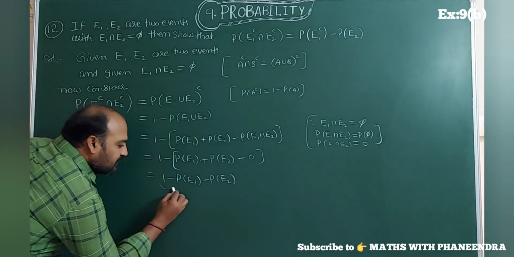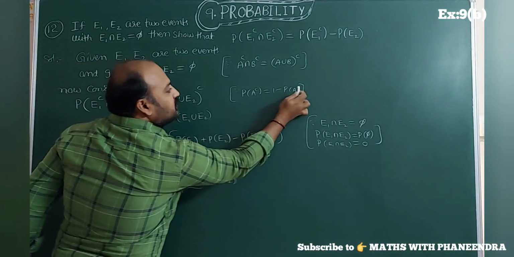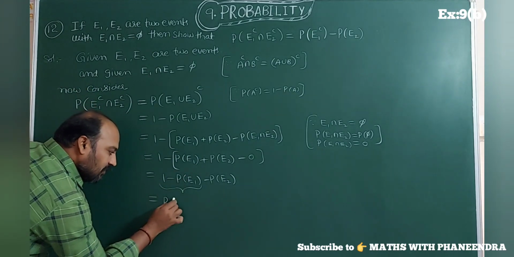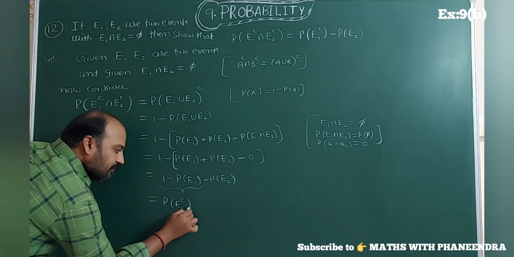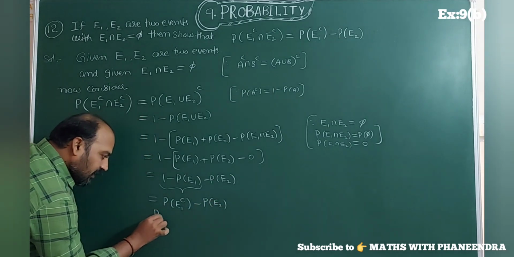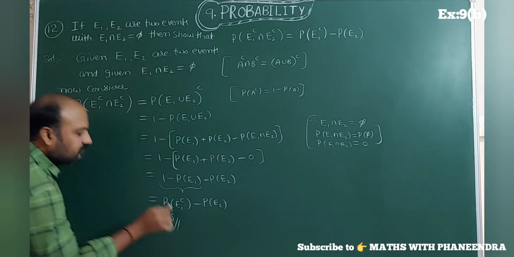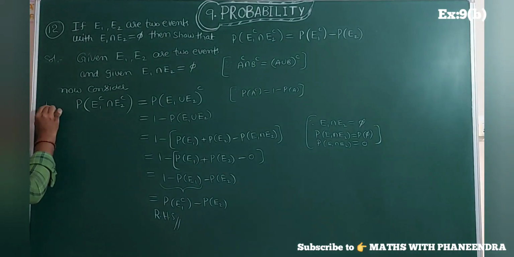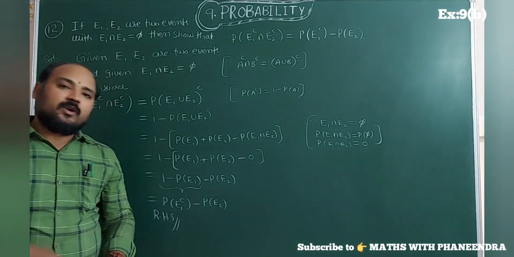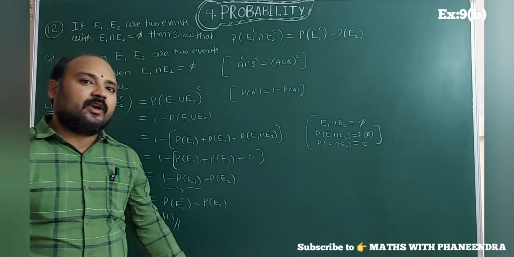So 1 minus P of E1, by using 1 minus P of A equal to P of A complement, we can write as P of E1 complement minus P of E2, which is required RHS. So LHS equals RHS.